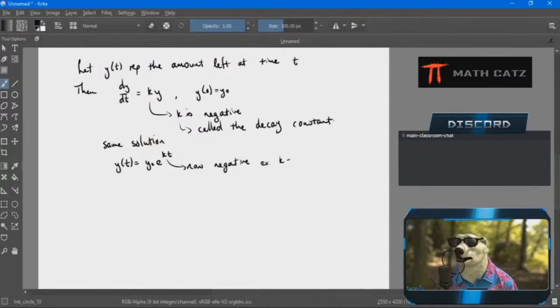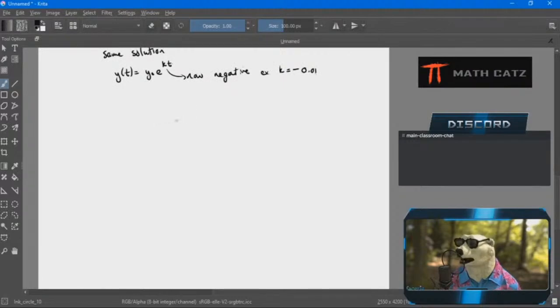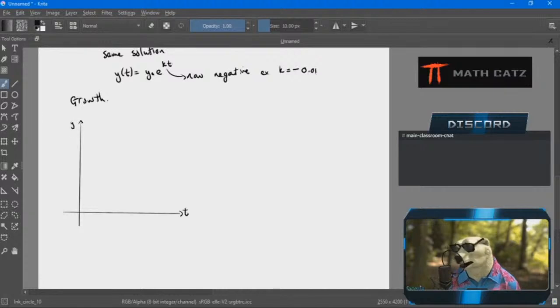For example, k could be negative 0.01. Let me make that negative much clearer. So what happens when I visualize this, and how does it relate to the exponential growth? Well, exponential growth had a positive exponent, resulting in the following graph. I have my time, I have my exponential growth, my y value.